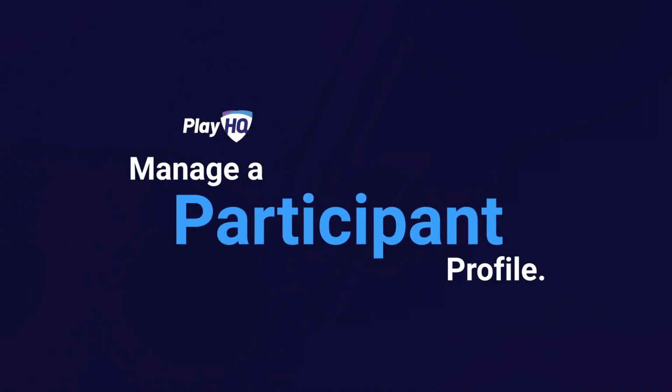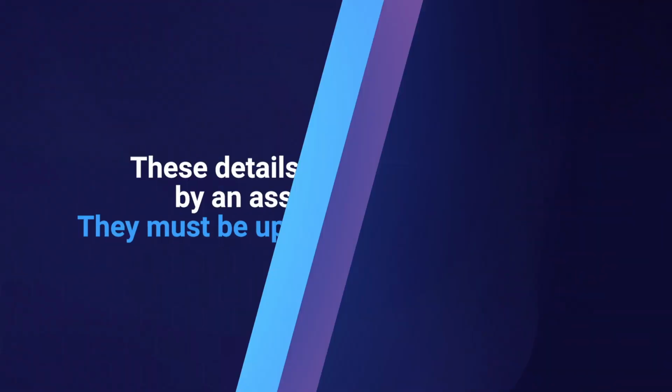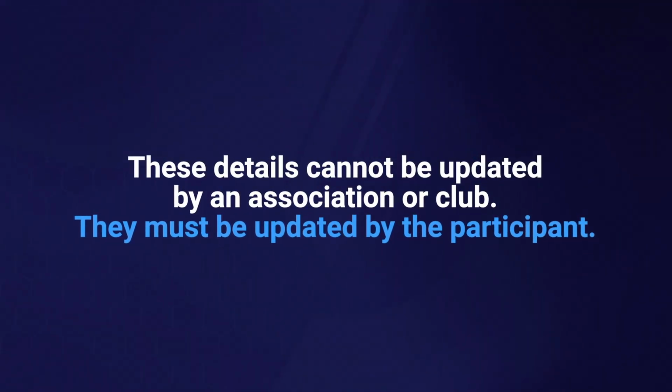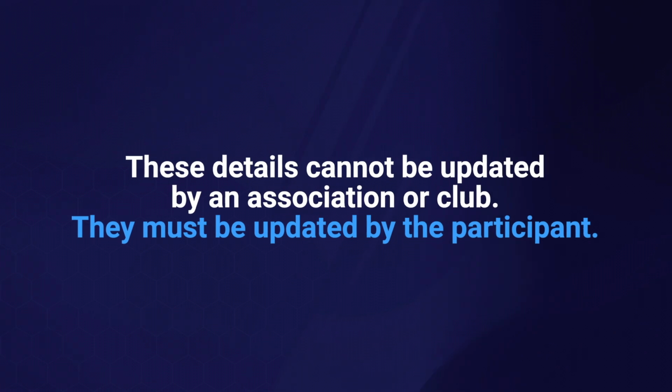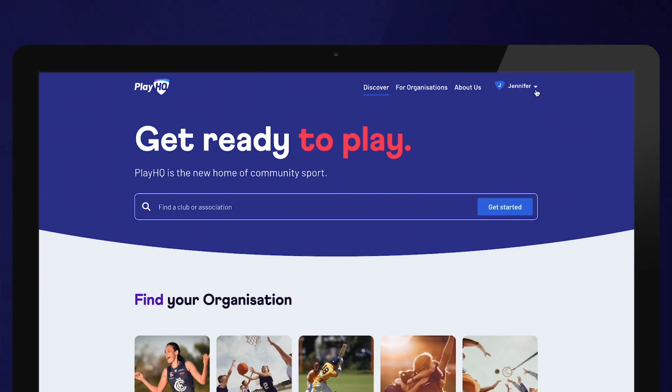Once a participant has created a PlayHQ account, they can manage their profile and update their own details. These details cannot be updated by an association or club and need to be updated by the participant themselves. To manage your profile, log into PlayHQ and select your name in the top right-hand corner and My Account.